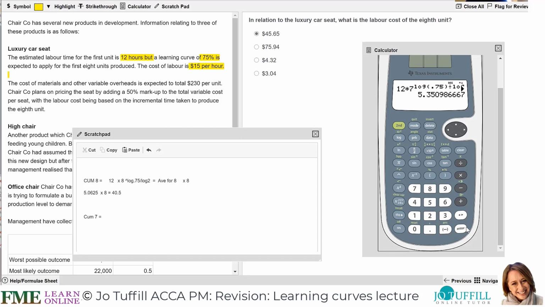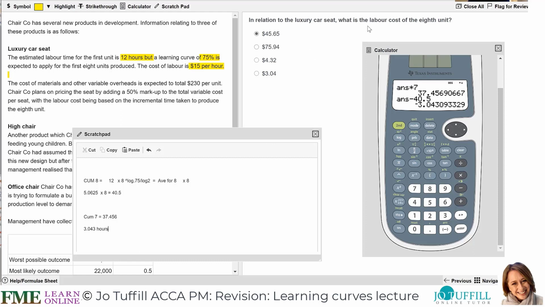And that is 5.35, and then I'm going to times that by 7. So that gives me 37.456. Now I can keep that in my calculator because I have to do 40.5 minus 37.456. So why don't I just do the minus of it as a quicker way of getting to that result? And that means the result is 3.043.